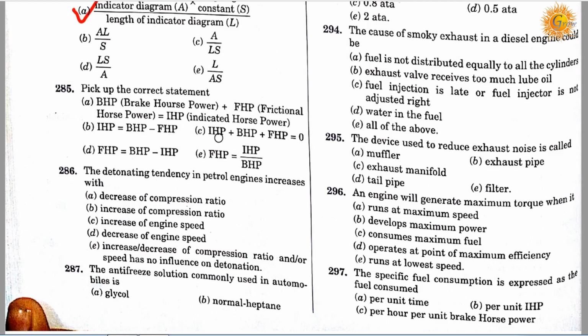Option C, IHP plus BHP plus FHP is equal to 0. Option D, FHP is equal to BHP minus IHP. Option E, FHP is equal to IHP divided by BHP. So the correct answer will be A. That is the correct statement and the rest of the others are wrong.